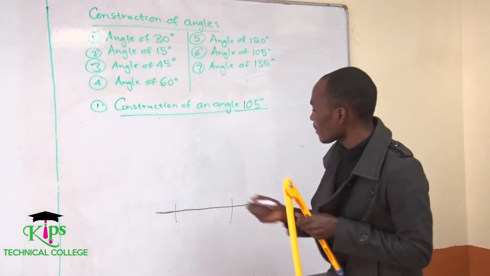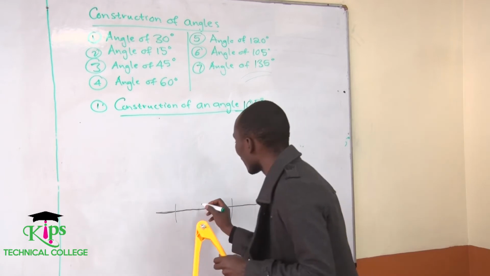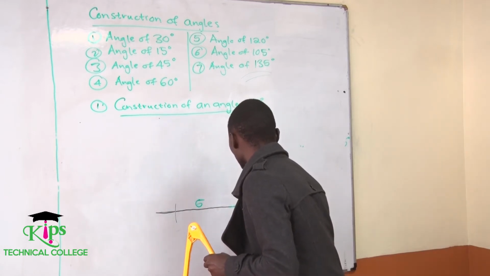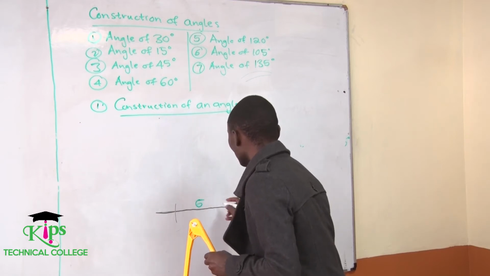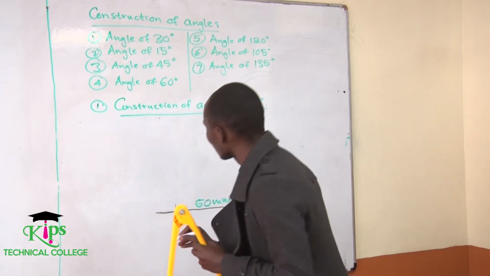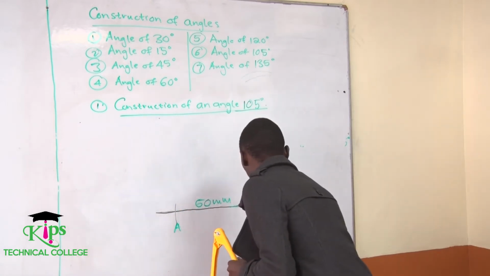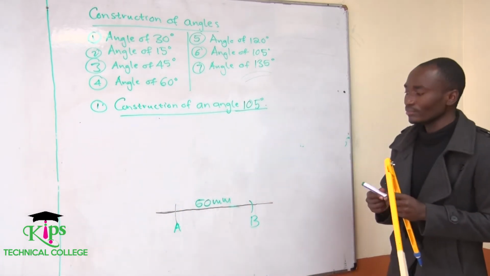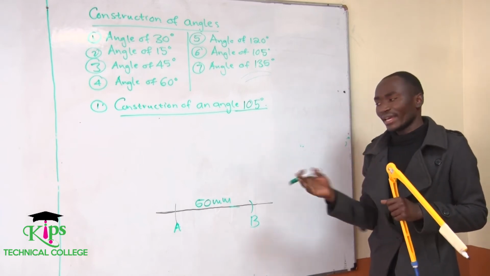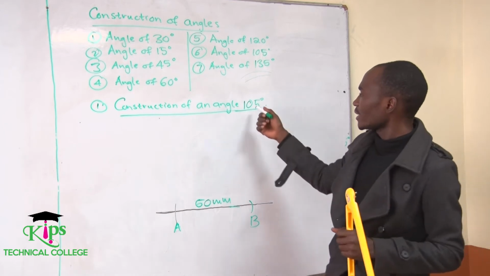So from this mark up to this mark, this is my 60 millimeters. Let me call it point A, then point B.